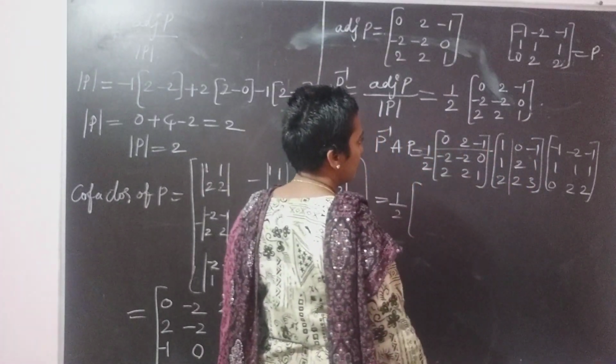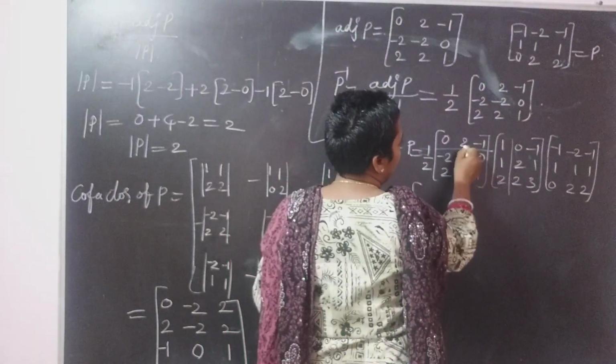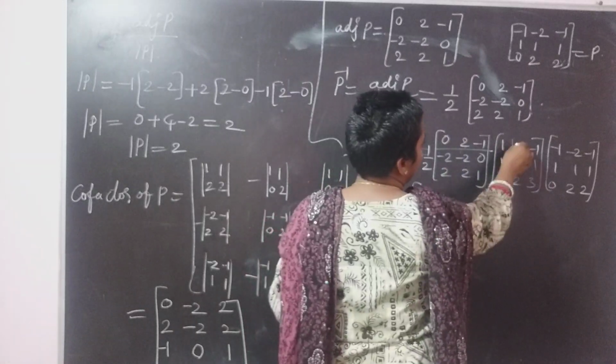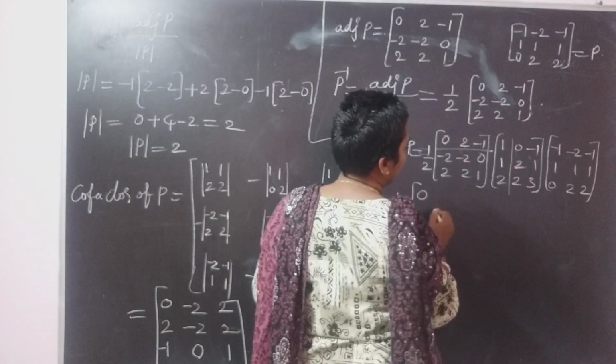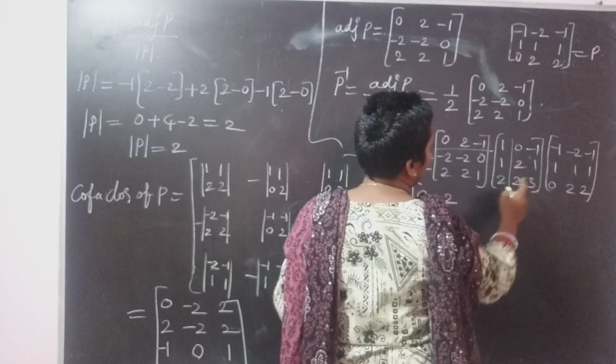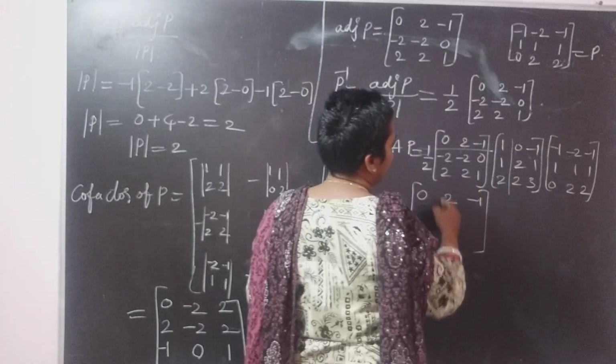Product of these two matrices: 0, minus 2 plus 2, it is 0, 0, 4 minus 2, 2, 0, 2 minus 3 minus 1.